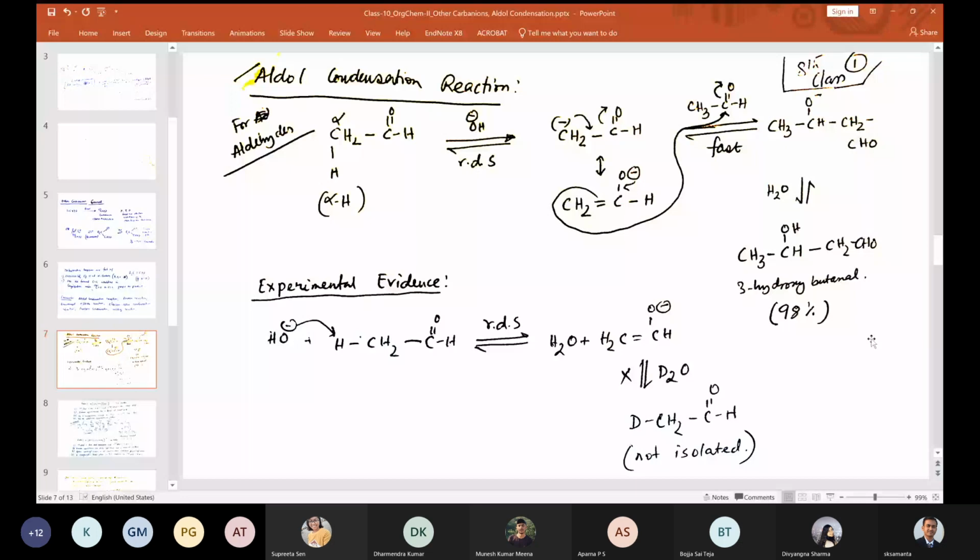Okay. So the first criterion, as you can see from the slide, or as you know already, for the aldol condensation reaction is that it must have an acidic alpha hydrogen atom.